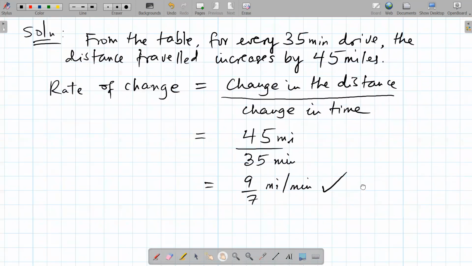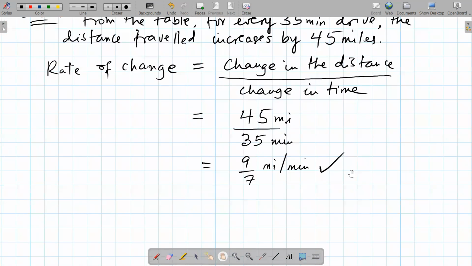So this is how, when we talk about rate of change, this is what happens. We are always looking at a change in one quantity with respect to a change in the other quantity. In other words, these two quantities or more quantities should be related of some sort.